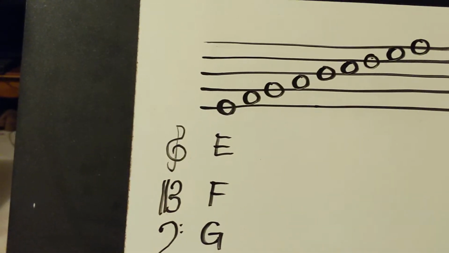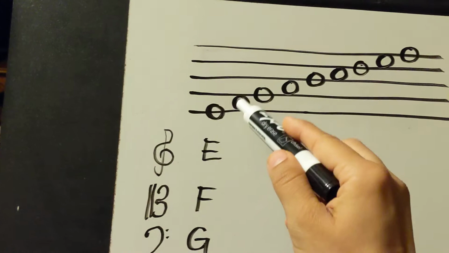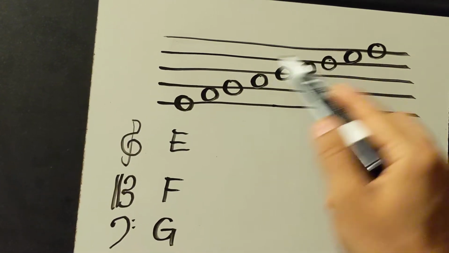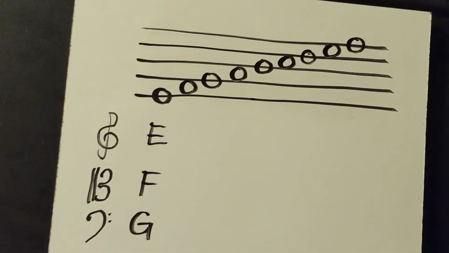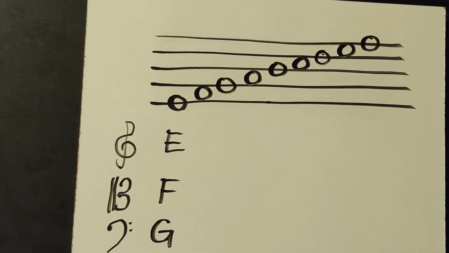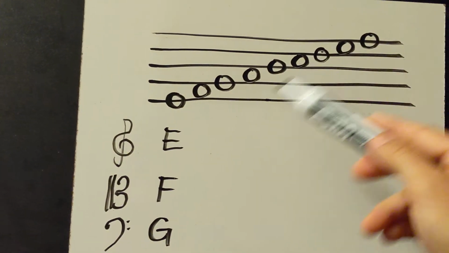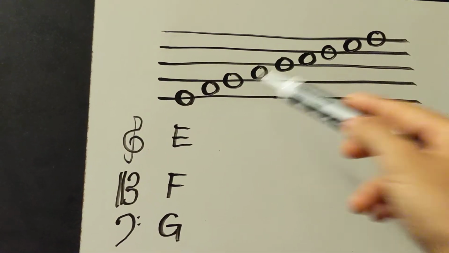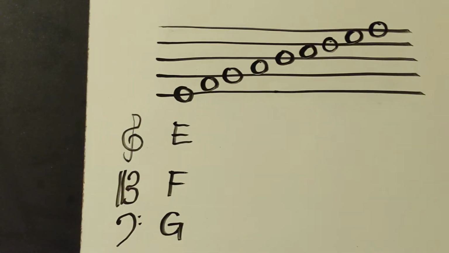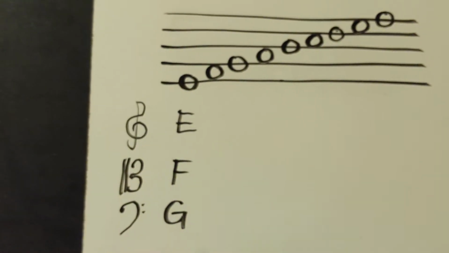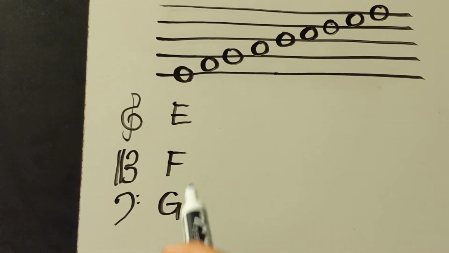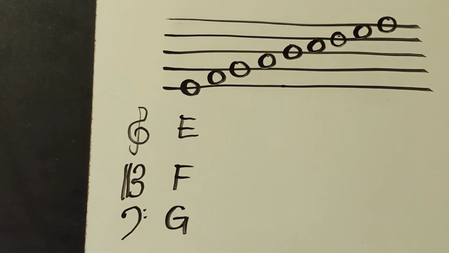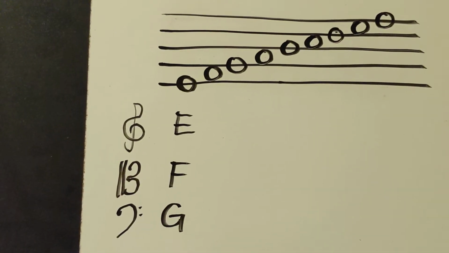So if you're going up the staff, line, space, line, space, line, space, you go forwards in the musical alphabet. If you're going back down the staff, line, space, line, space, line, space, you go backwards in the musical alphabet. So if you know one note, and I've given you one note, you should be able to figure out the rest of the notes for the musical staff.